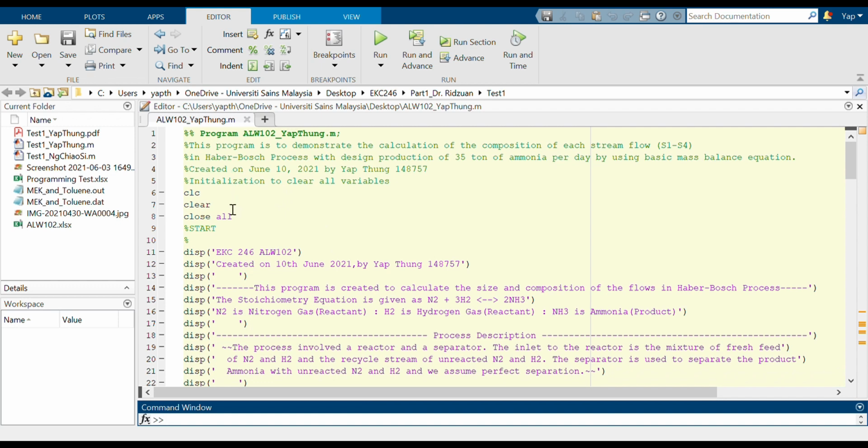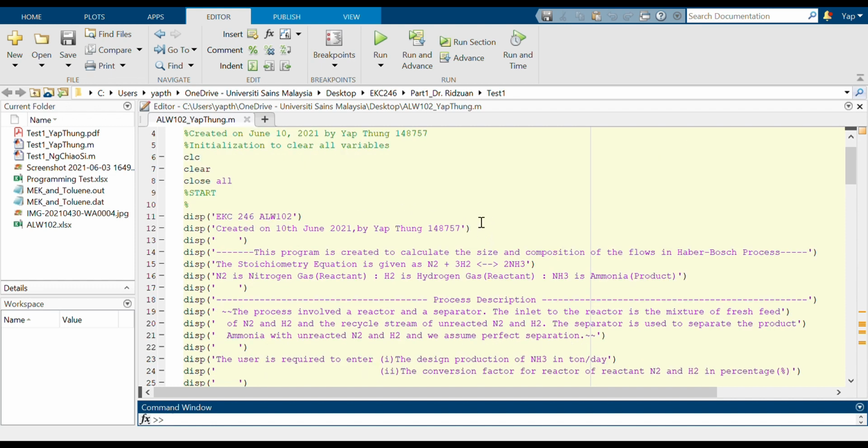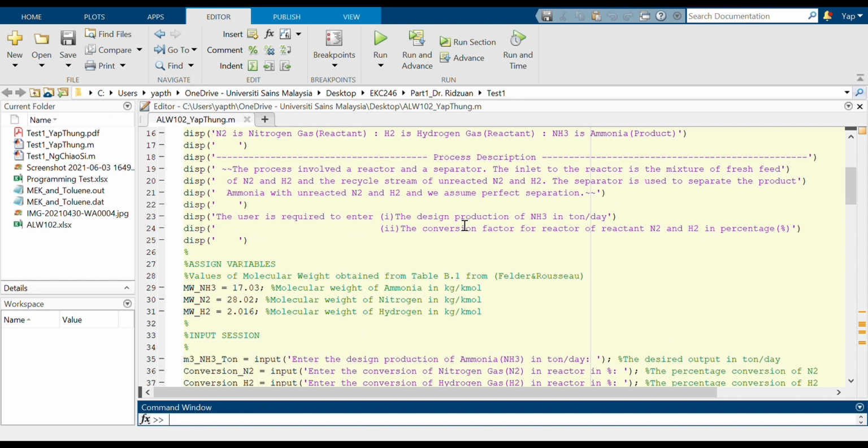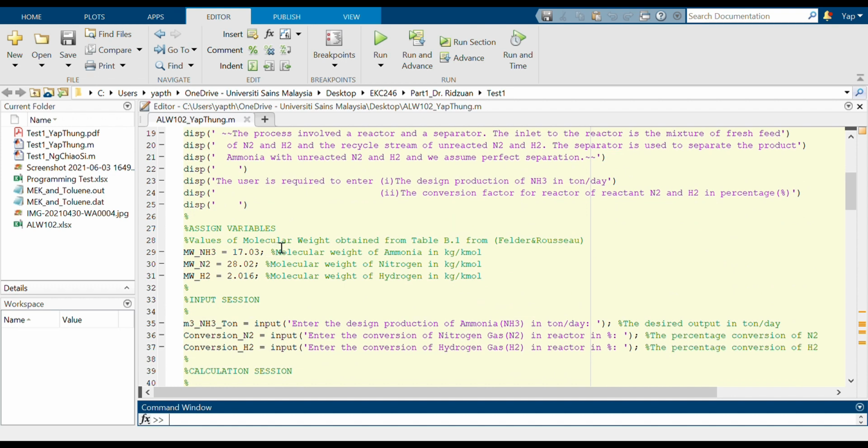And I have started my program with clear all, CLC, and close all. So these are all the process description. And then I will continue by assigning the variables where I have put the molecular weight for ammonia, nitrogen, and hydrogen to ease the user calculation later.